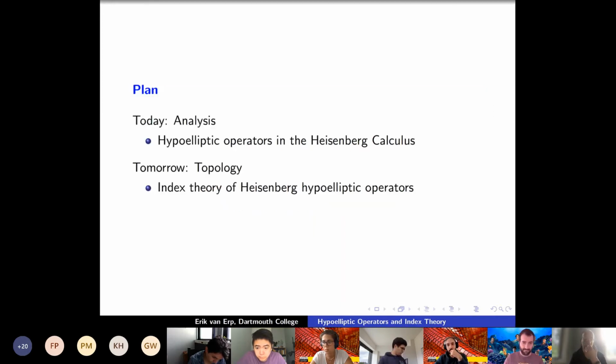So let me just get started. I'm giving two talks, since I don't know what people know. I've never heard anybody complain about talks being too easy, so I'm just going to assume that the theory of elliptic operators and hypoelliptic operators is not familiar, and I'll start from scratch.